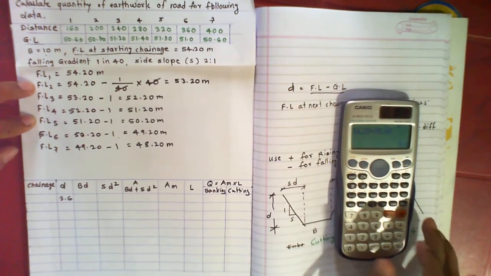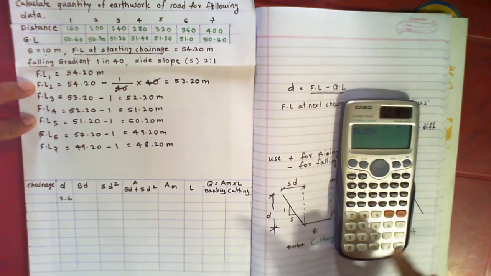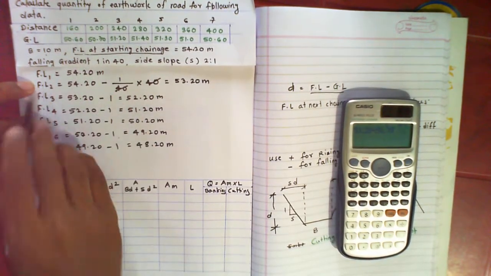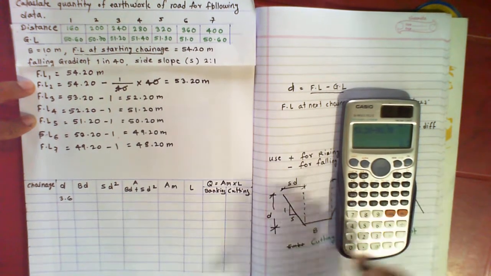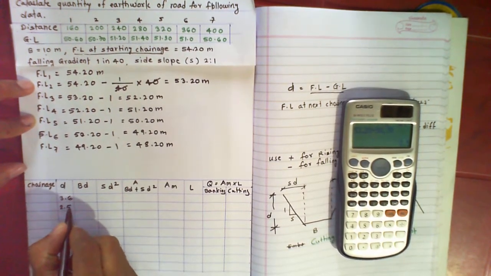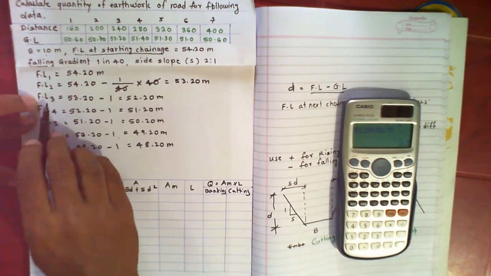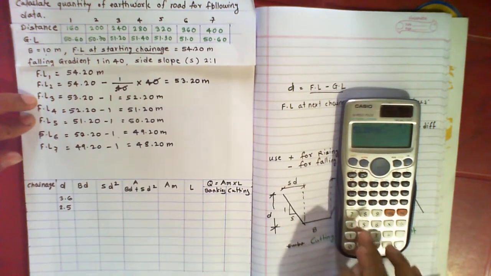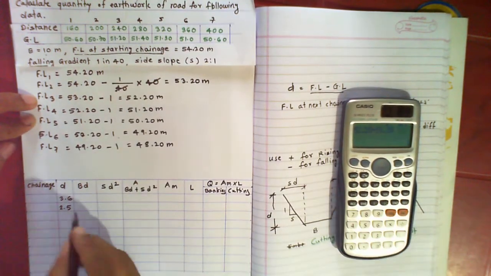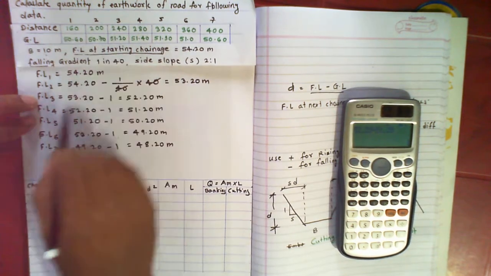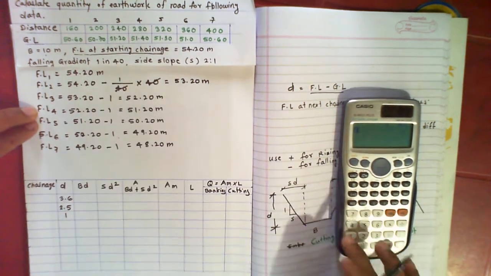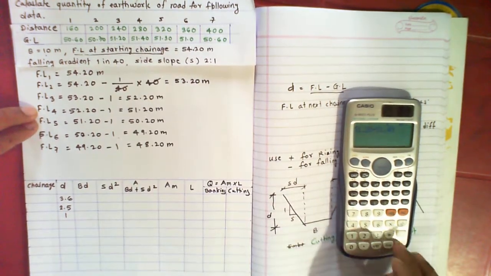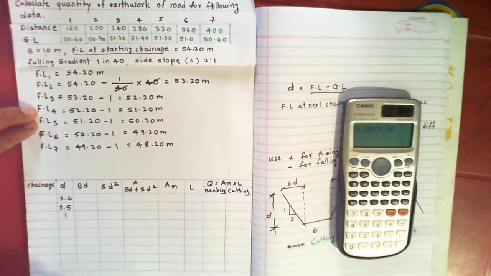Next FL2 is 53.20 minus 50.70 second ground level, and it is 2.5. Next FL3 is 52.20 minus GL3 is 51.20, and it is 1. Next FL4 51.20 minus GL4 51.40, and the answer is minus 0.2.